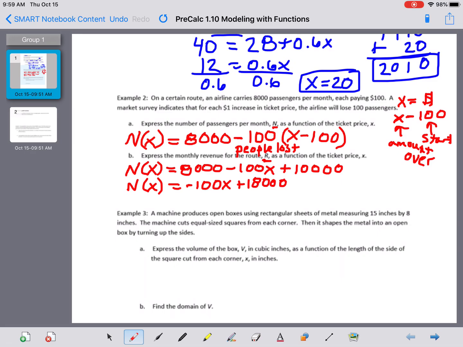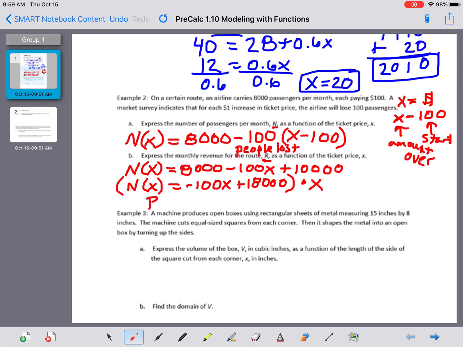That's how much the airline is making, okay? So if they sold, for every $5 increase, then it would drop by $500 when we plug it in. To find the revenue for that, we need to take all of these passengers, because that's what this is right here. These are the number of passengers, N. If we multiply it times x, the ticket price, then we can find the revenue for this.